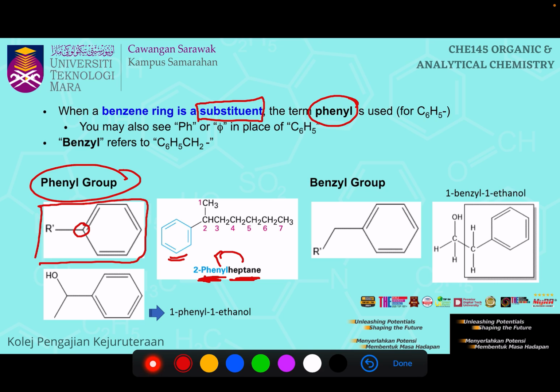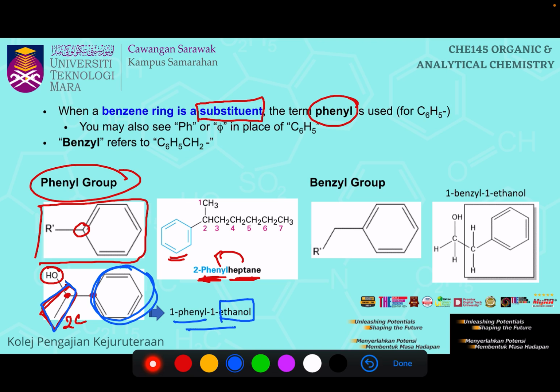But in some cases, like this one, you have only 2 carbons, but because of the presence of the substituent OH attached to this carbon and not to the ring, this part would be the parent. That's why we use ethanol, and the benzene ring here becomes a phenyl. So phenylethanol: one phenyl, one ethanol.